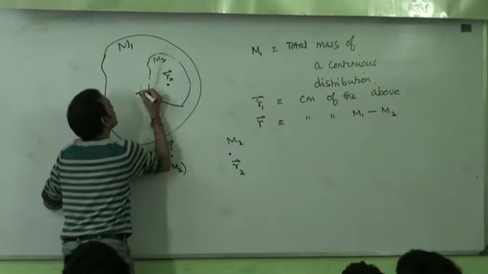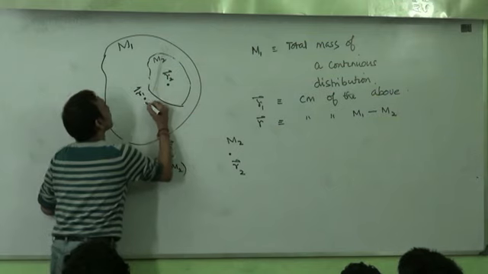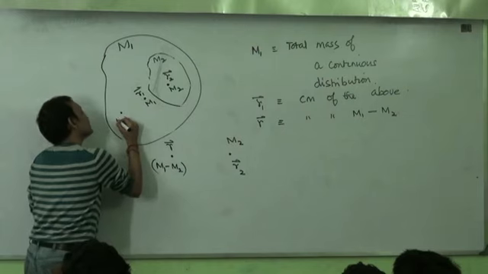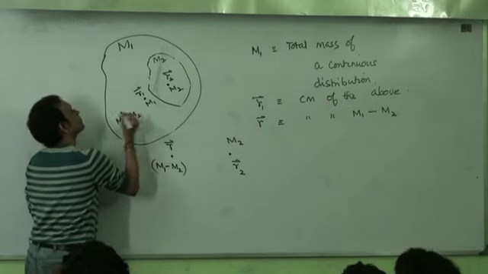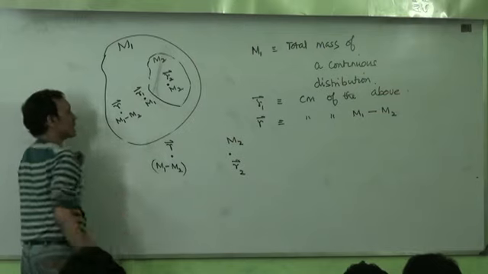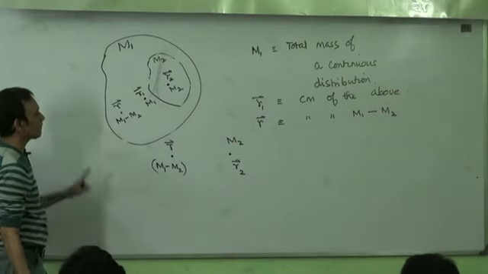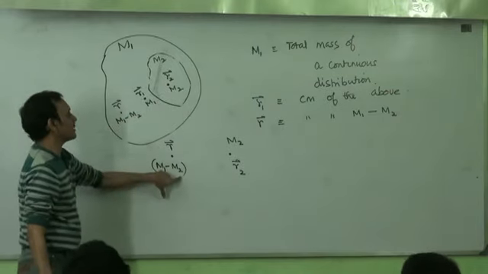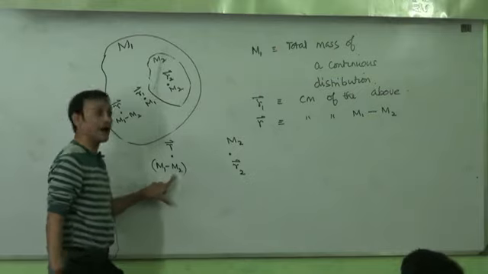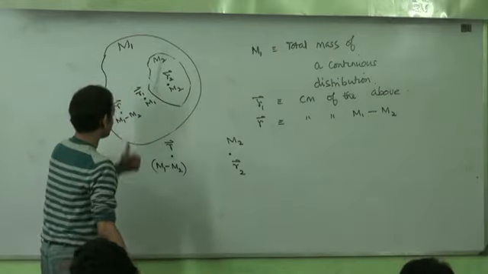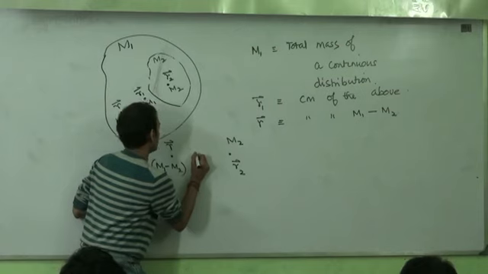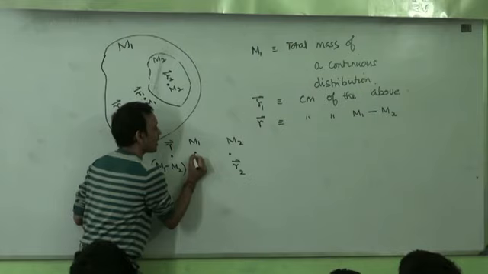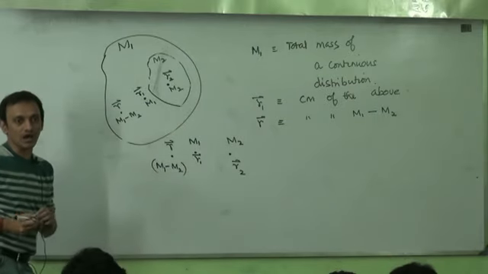This would be R1, where I can imagine m1 to be placed. This is m2, and this is m1 minus m2. So it's as if I have a mass m2 placed at R2, a mass m1 minus m2 placed at R, which is the center of mass of m1 minus m2, and a mass m1 whose position vector is R1. Yes or no?